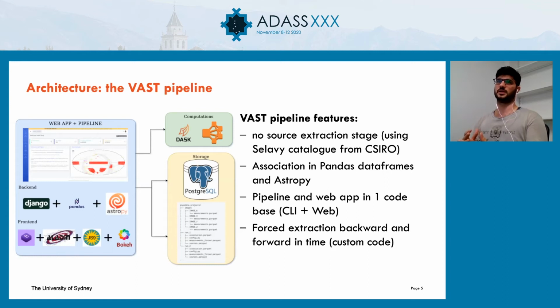We have a backend that is, as I said, mainly Django, Pandas, and AstroPy, and we use Dask to scale up the computation, and then a front end with a Bootstrap template, Aladin, JS9, Bokeh, and so on. The main storage system is the Postgres database, and we also write data to Parquet files for post-processing and distributing the data itself.